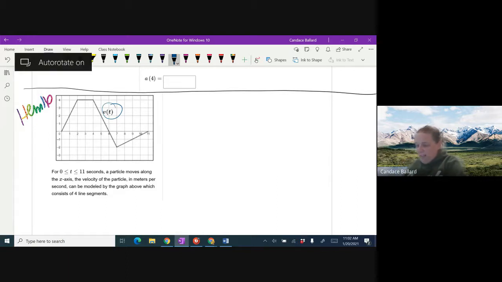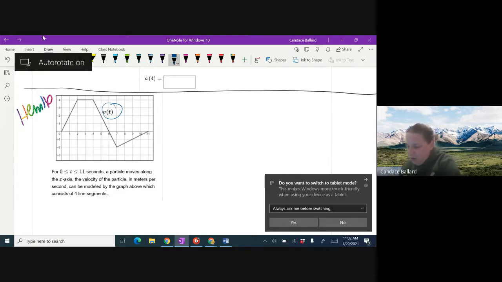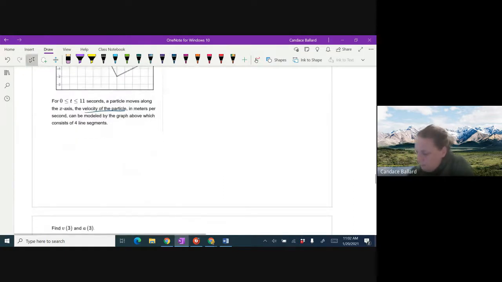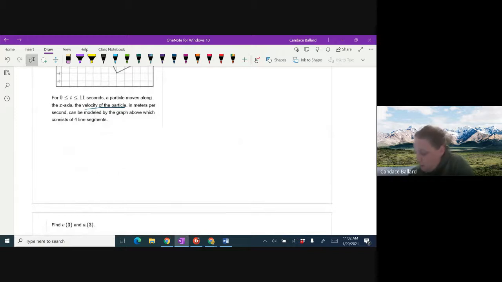Okay. So between 0 and 11 seconds, a particle moves along the x-axis. The velocity of the particle in meters per second can be modeled by the graph above, which consists of 4 line segments. Okay, so they tell us on the graph its velocity. They also say the velocity of the particle is up there. Okay. And I'm sorry, I'm going to have to scroll back and forth, okay?